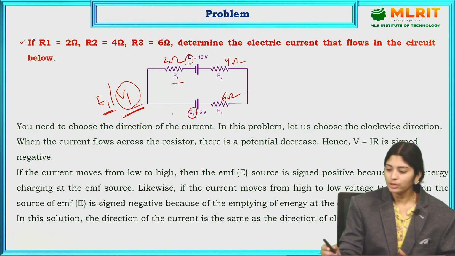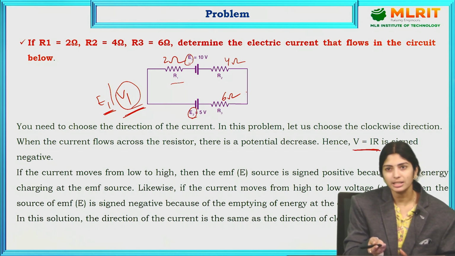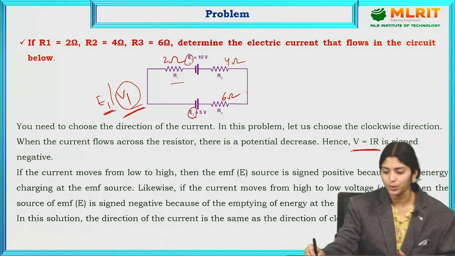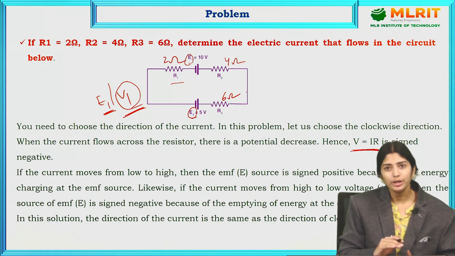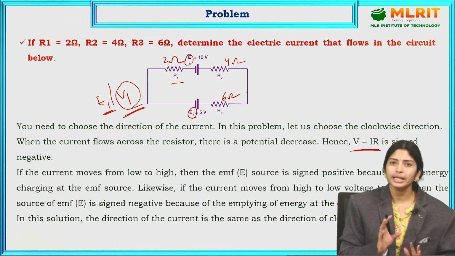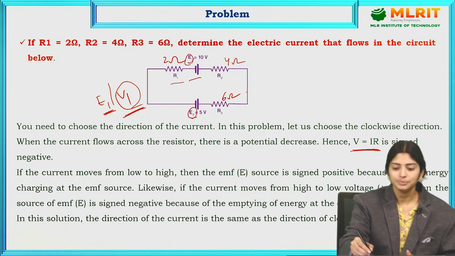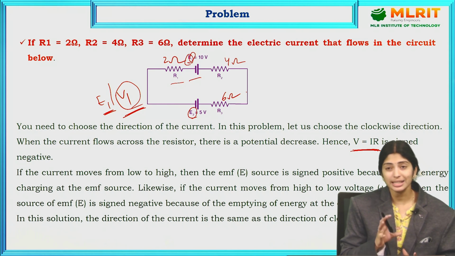That value will be given by V equals I into R. Across each resistor there will be some amount of voltage drop, calculated by V equals I into R. Next, if the current flows from the low value to the high value, the EMF source, E, will be signed positively, because it is getting charged from the EMF source.